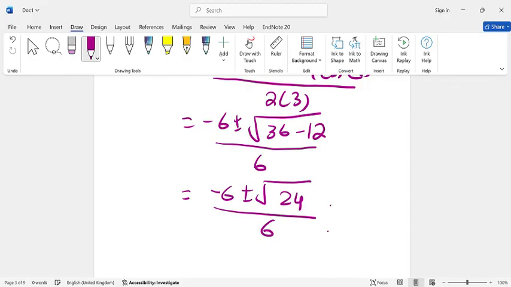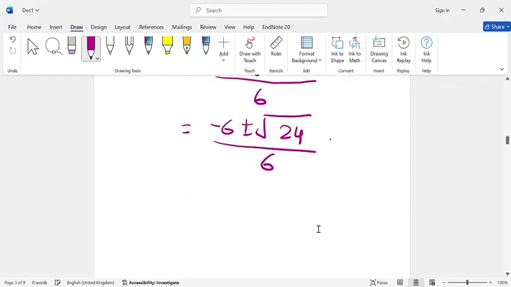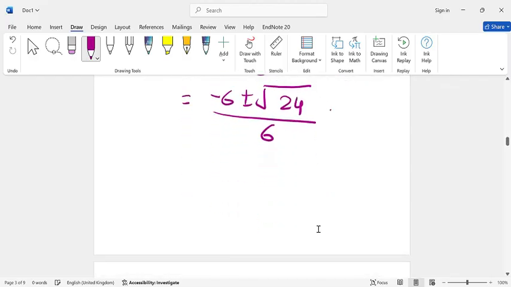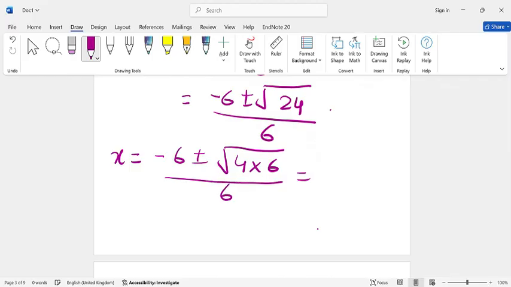Now we have two values, a positive value and a negative value. So we have x equals minus 6 plus or minus the square root of 24, over 6. The square root of 24 is 2 square root of 6.